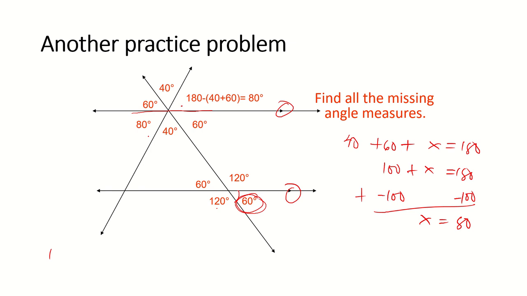Okay. And then next, this is 80 degrees. So I will just tell you in advance. This is a triangle, right? So the sum of the interior angles must be 180.